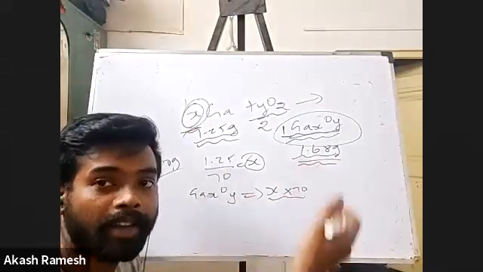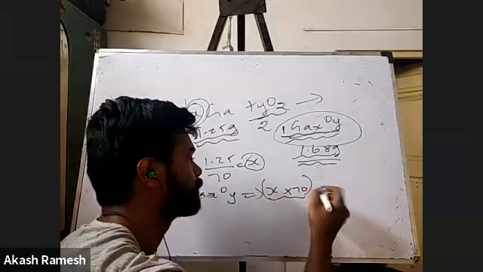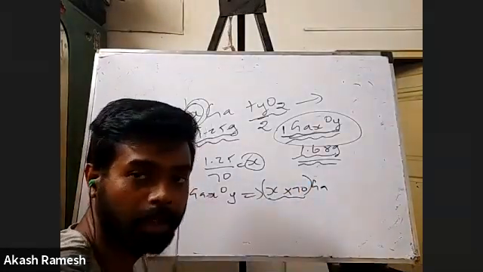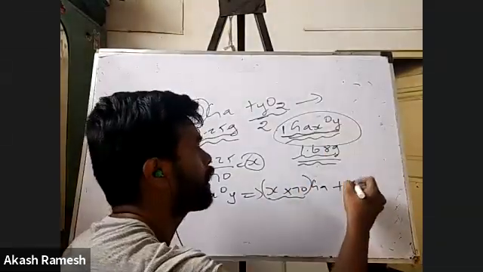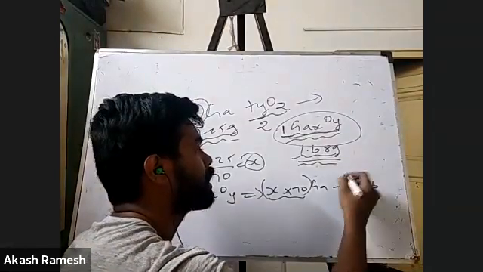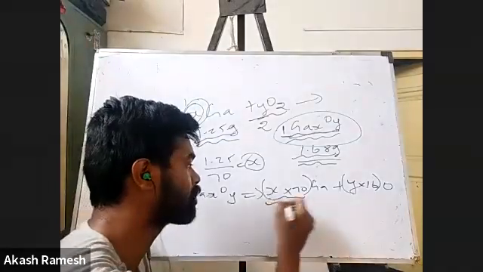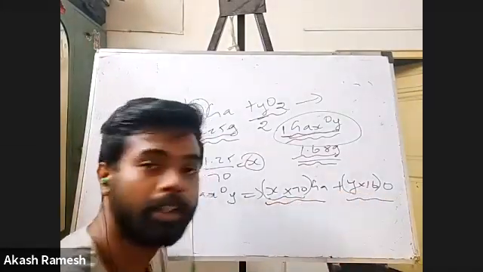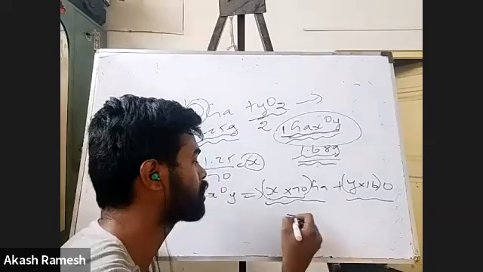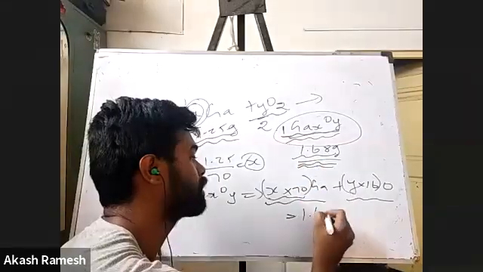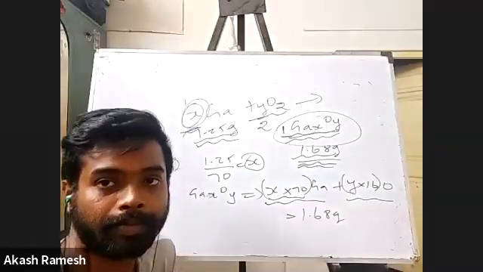X into 70 of gallium plus Y into 16 of oxygen is going to weigh 1.68 grams.